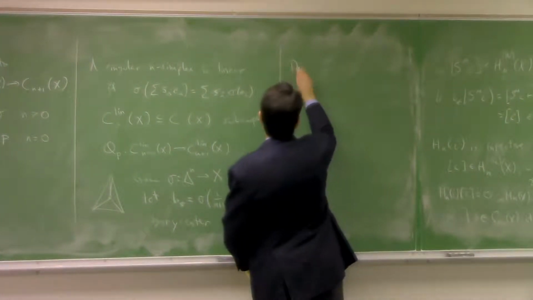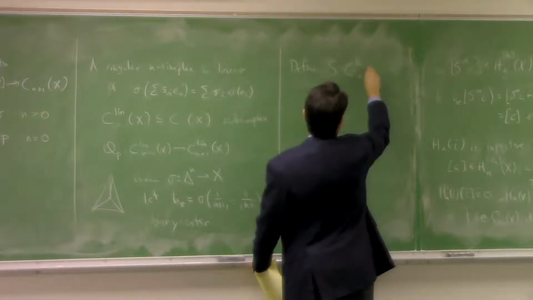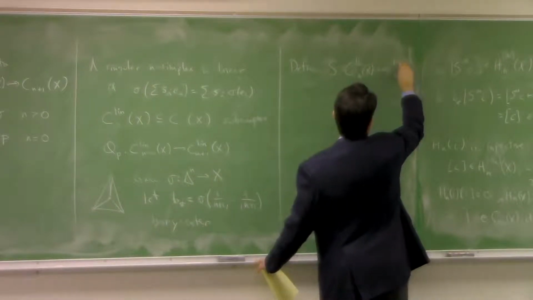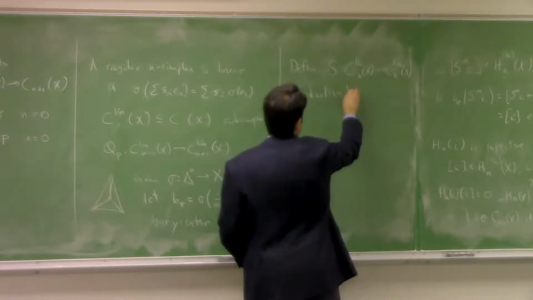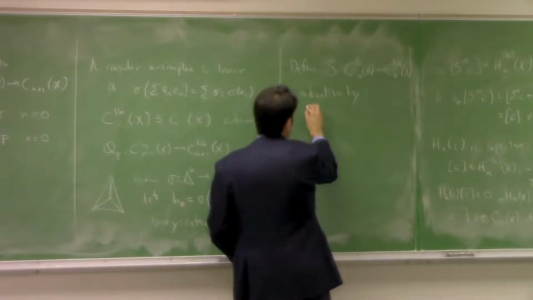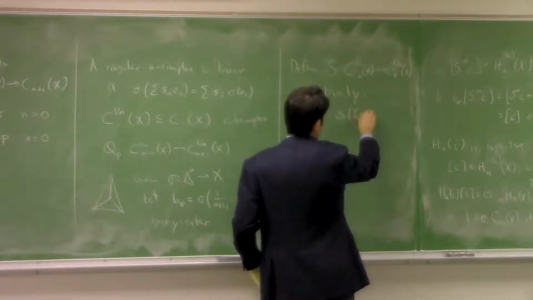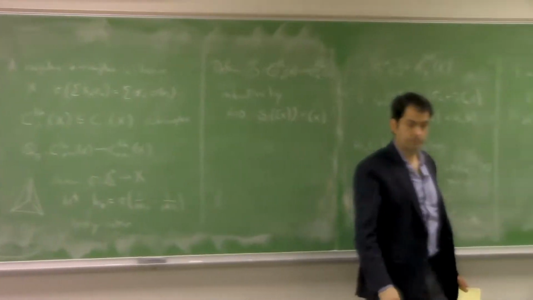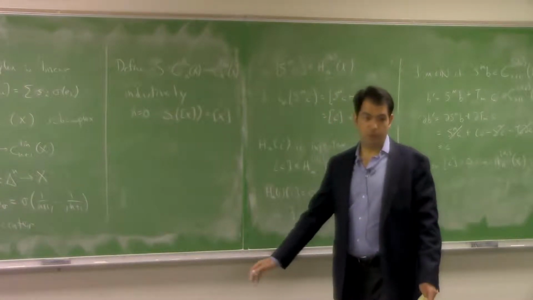Okay, so define S from linear singular simplices to linear simplices inductively. In degree 0, if n is equal to 0, then S of a point is that same point. So the subdivision of a point is nothing, just a point.